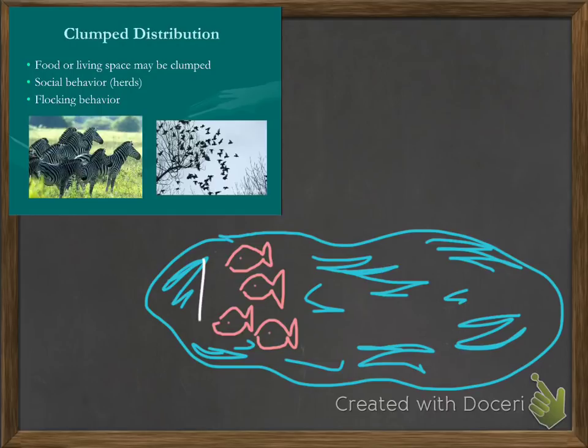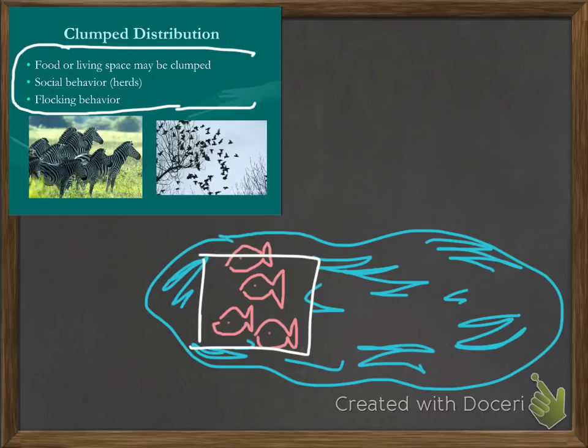They could also sample the area where all the fish are at some point and overestimate the population. So again, clumped distributions can be caused by social behavior or because that's where the food is.